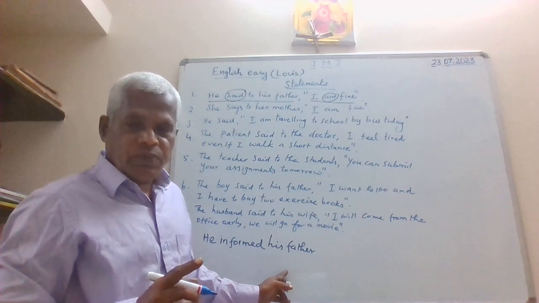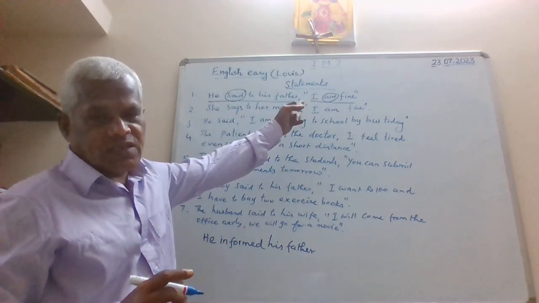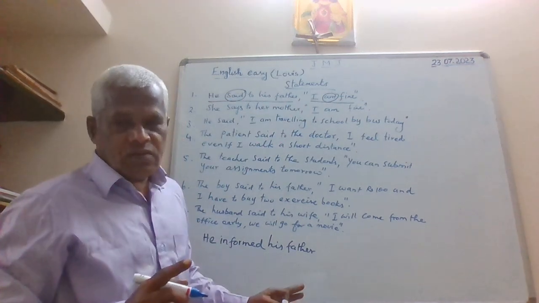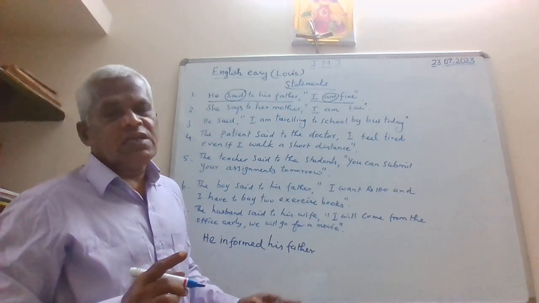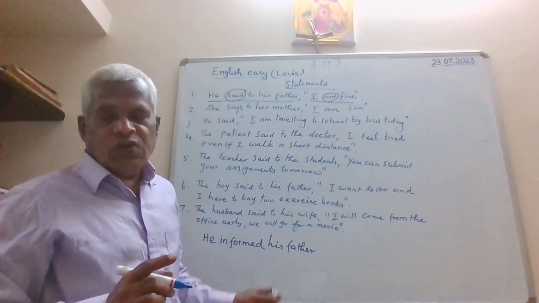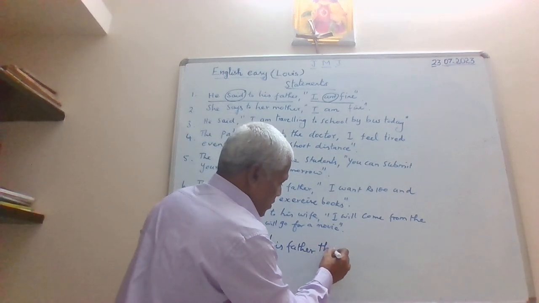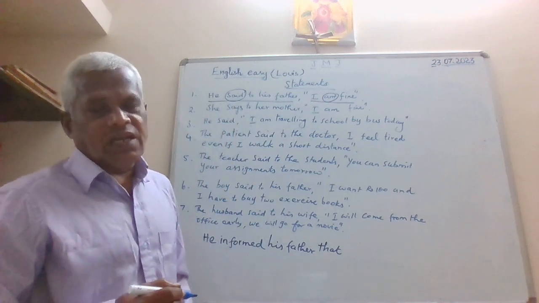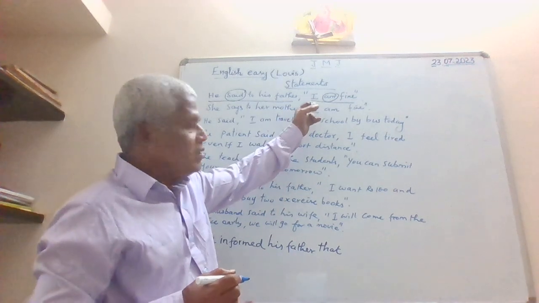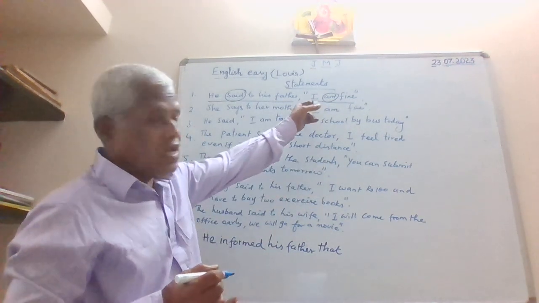Now hereafter you should pay very close attention. We have written what is there before the inverted commas. Now we have to introduce a connecting word. Since this is a statement, we need to add the conjunction that. Now coming to the portion within the inverted commas, what is your statement here?